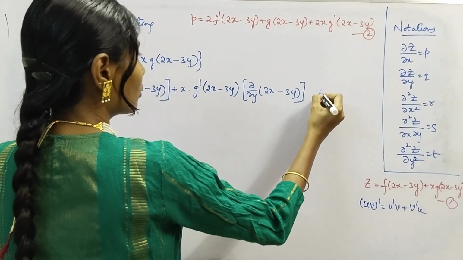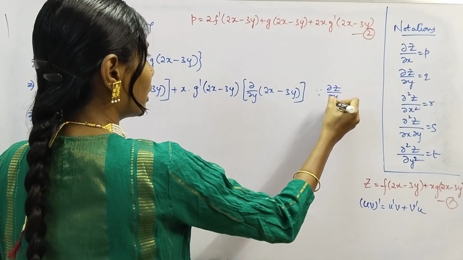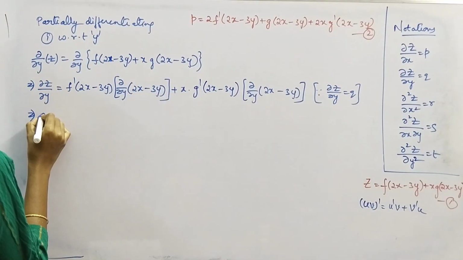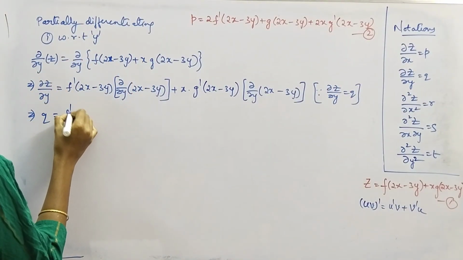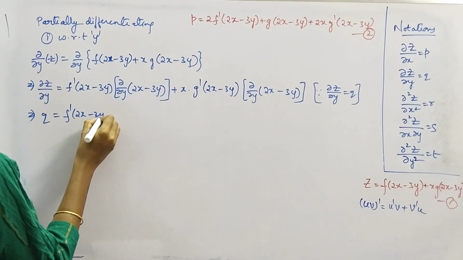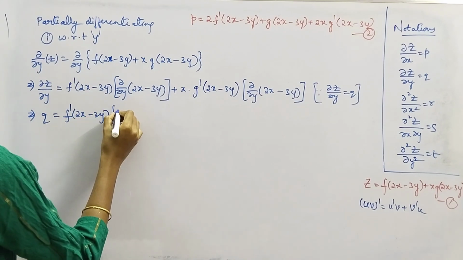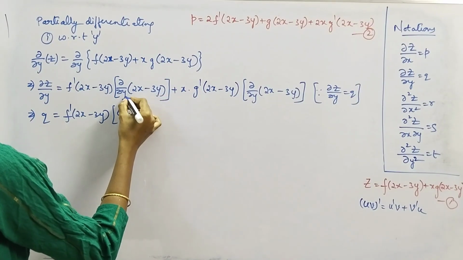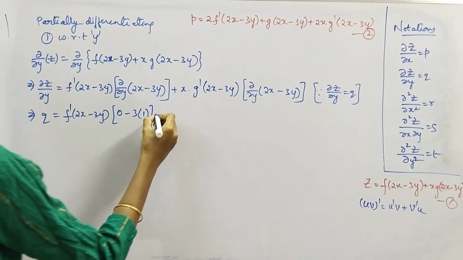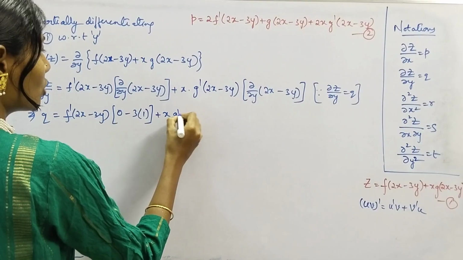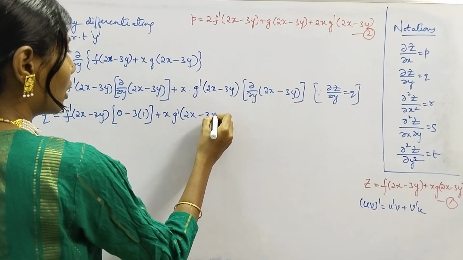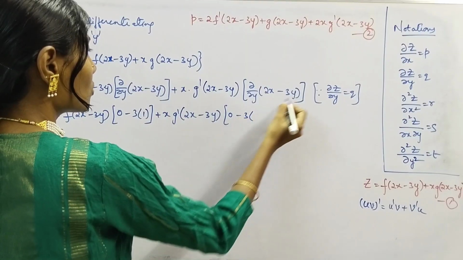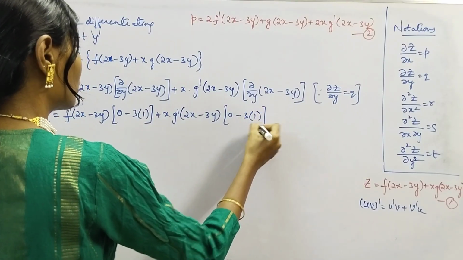Since we know that dou z by dou y can be replaced by the notation q, we'll replace it by q. You'll get q equal to f dash of 2x minus 3y into partial derivative of 2x with respect to y which is 0, minus 3 times partial derivative of y with respect to y which is 1, plus x into g dash of 2x minus 3y into partial derivative of 2x with respect to y which is 0, minus 3 times partial derivative of y with respect to y which is 1.